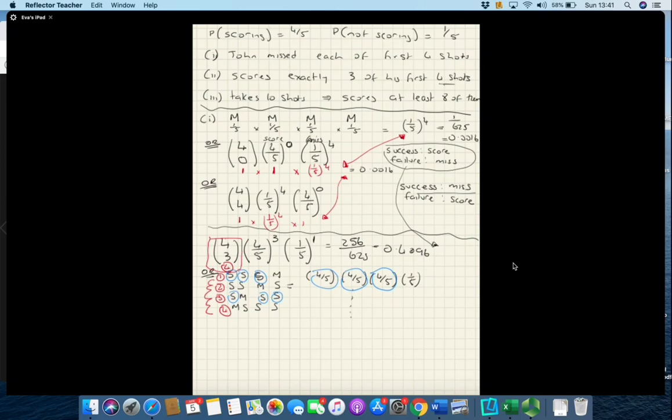Now remember, the order in multiplication doesn't matter, so in all of them you get 4 times 4/5 to the power of 3 by a 5th to the power of 1. So that is all Bernoulli trials is. It's just a really nice, neat way of working out the probability of an event.